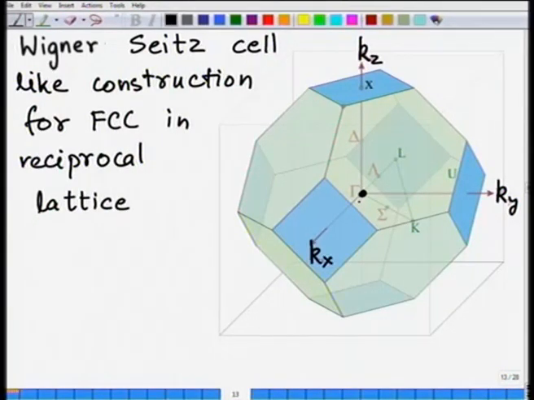That is a Wigner-Seitz cell construction, and in reciprocal space it is called the Brillouin zone. So, this is the Brillouin zone of an FCC lattice.